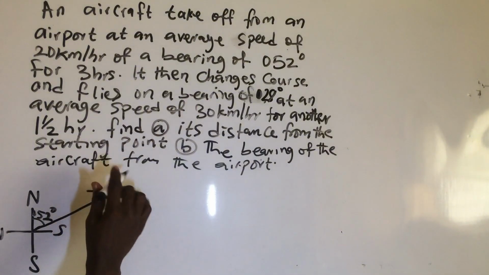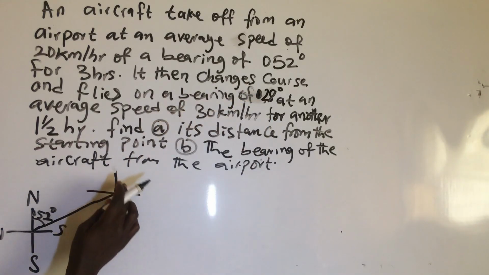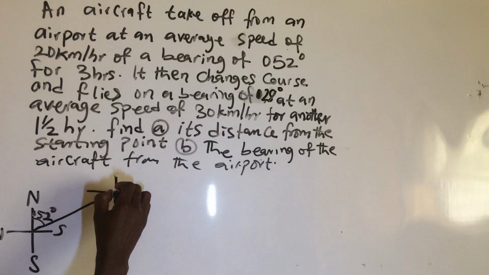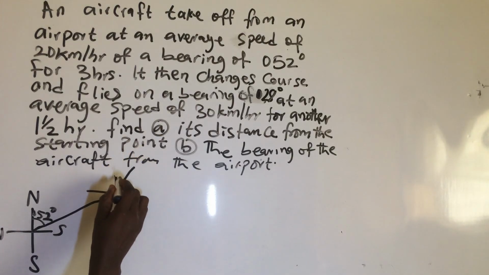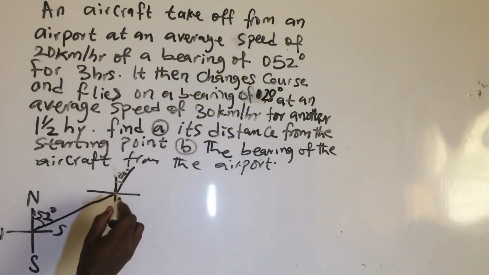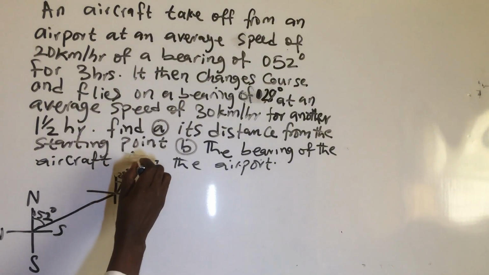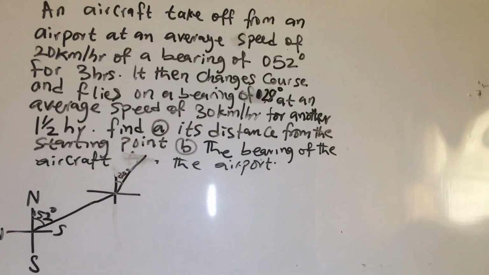This aircraft now changes course with 28 degrees. From north to east is 90 degrees, so 28 degrees means the direction is very close to the north, which means from here is 028 degrees. He said that it changes course in this manner.